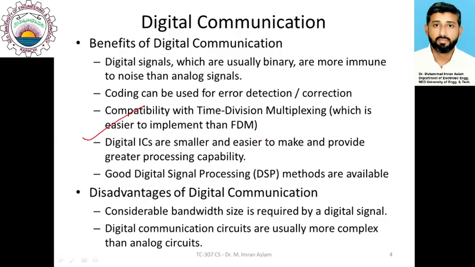They have very short production cycle. So eventually those ICs enable us to have digital systems developed very fast and very efficiently. And moreover, these digital ICs provide great processing capability for digital systems.